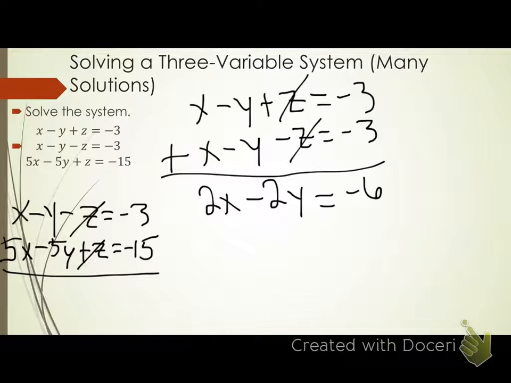X plus 5x gives me 6x. Negative y minus 5y gives me -6y. -3 plus -15 gives me -18.